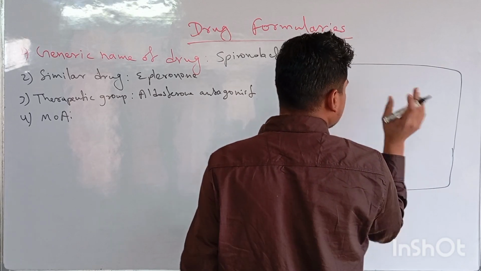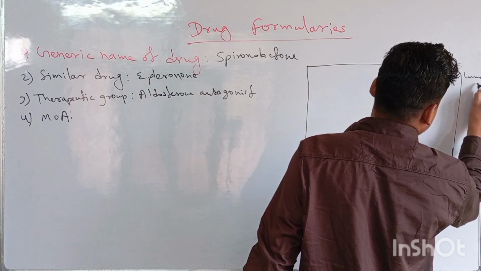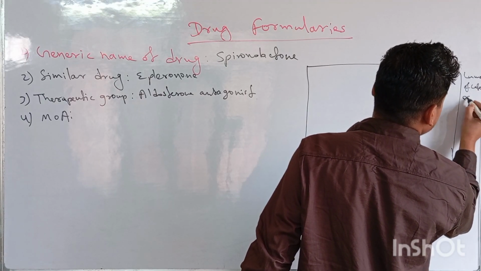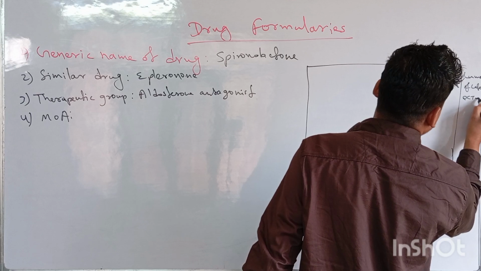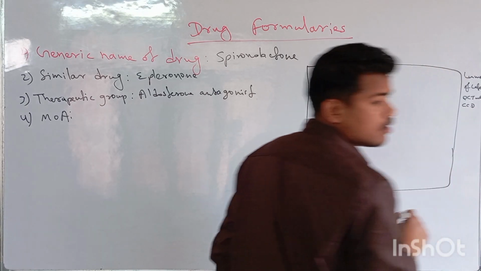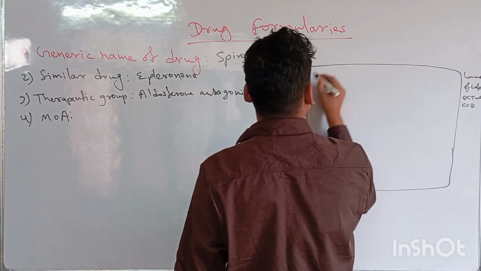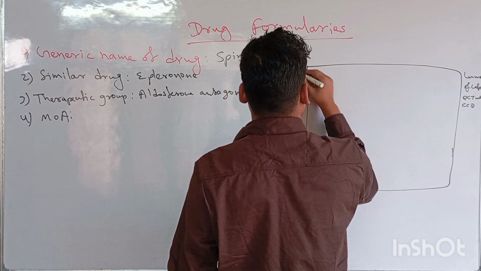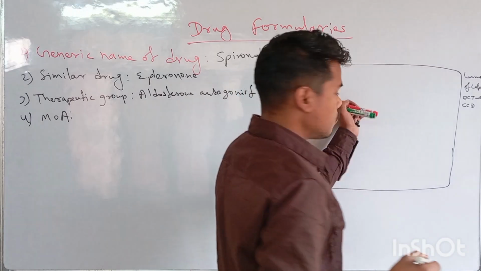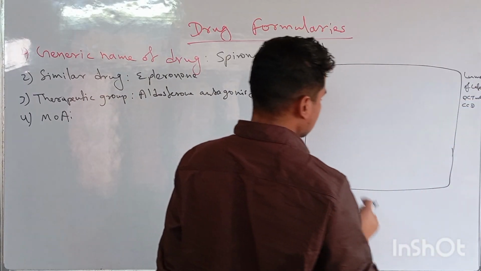Like this, let us suppose this is the lumen of the late DCT, distal convoluted tubule, and cortical collecting duct, and this is the principal cell of the lining epithelium of this DCT and CCD.